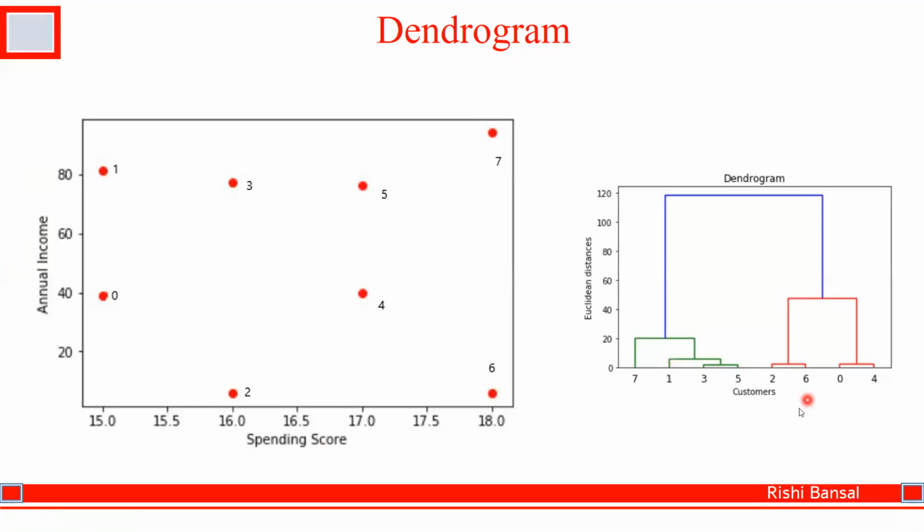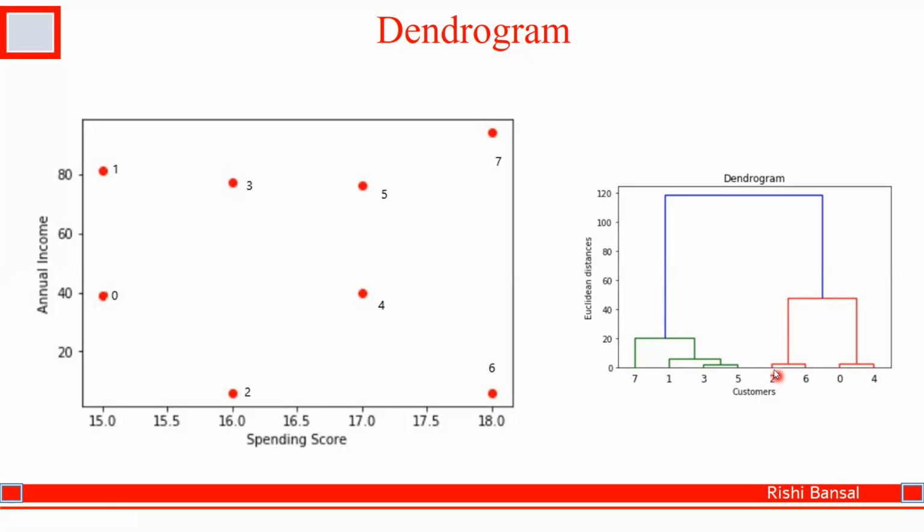Now there are two kinds of lines in this dendrogram: a horizontal line and a vertical line. The horizontal line tells that points 2 and 6 are part of the same cluster now. They are linked, connected at this point.